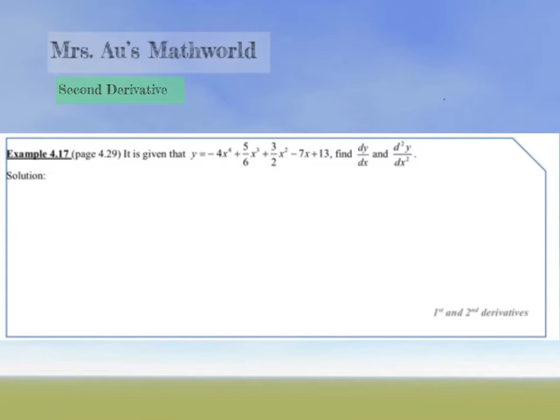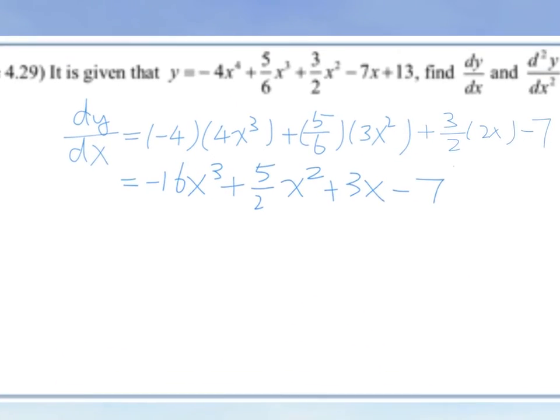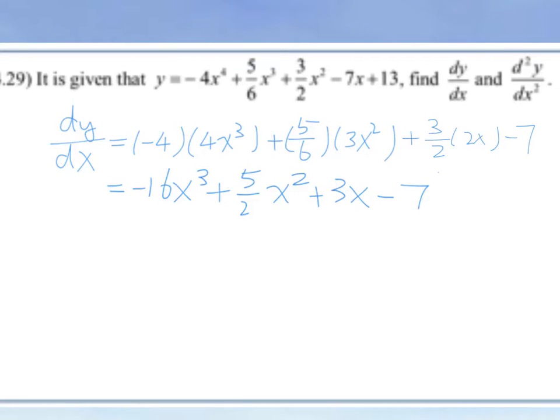So the calculation is similar as usual. For the first derivative, it's like this, and then simplify. So and you will get this one as the first derivative. So let's move on to the second derivative. So we write down d square y dx square.